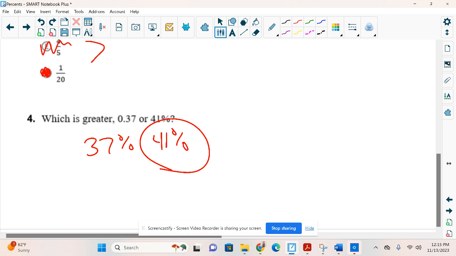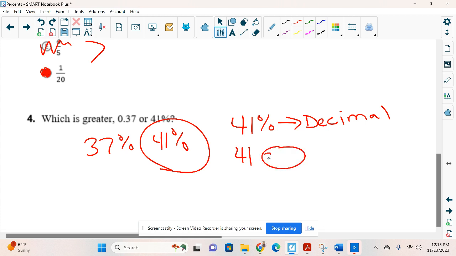If I wanted to go from 41% to a decimal, okay, I would put in 41. Then I'd have to do second. Then I'd have to put in the open parentheses, which has the percent over it, right? And then I would hit the double arrows.